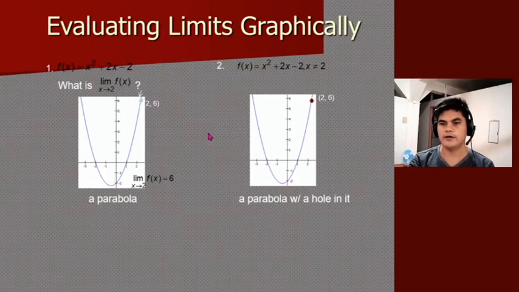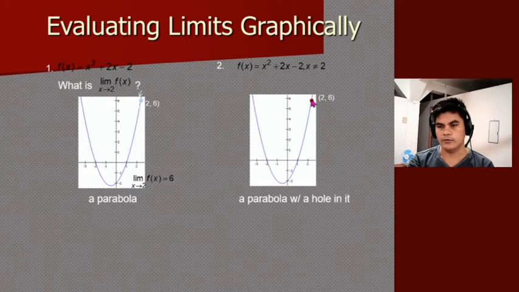Okay. Now, number 2. In this example, x squared plus 2x minus 2, in which x is not equal to 2. So, when we say x is not equal to 2, we have a hole here. So, a parabola with a hole in it. This supposedly is a hole.